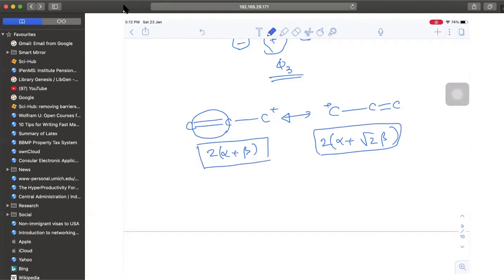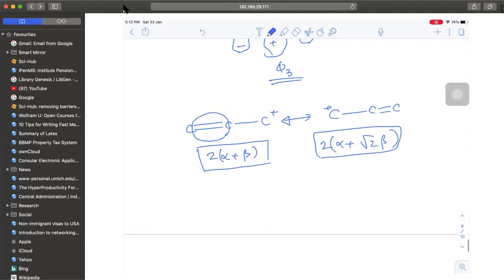So the difference is actually how much? Minus root 2 beta. It is about minus 1.414 beta. So you realize that this is the resonance energy of the cyclopropenyl cation. And this is a reasonably large resonance energy.